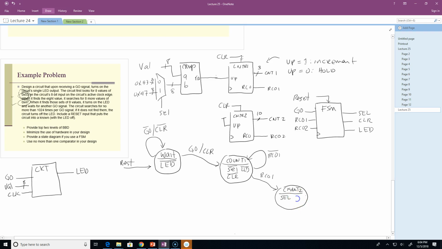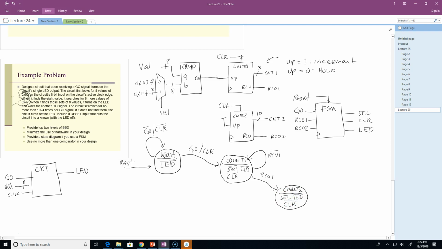LED still off, and the clear's off. Okay, seems to be working here.